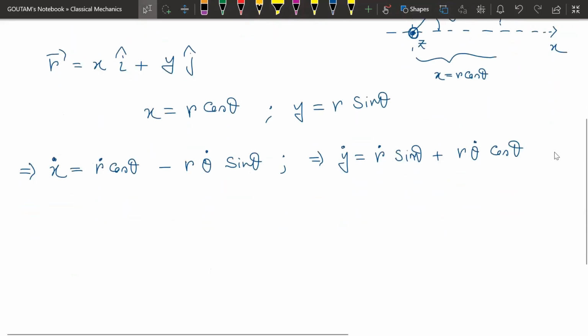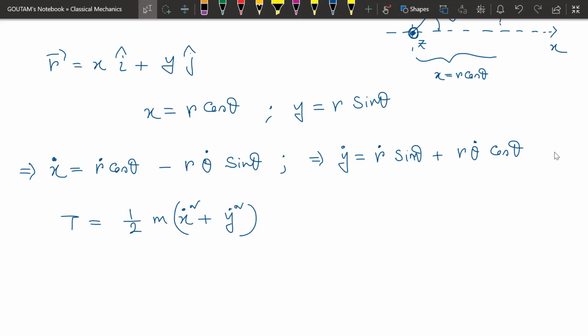So the kinetic energy T will be half m times x dot square plus y dot square, where x dot means Vx and y dot means Vy.